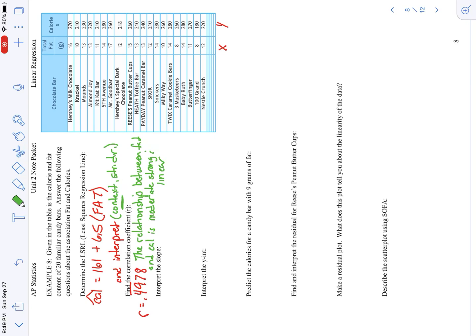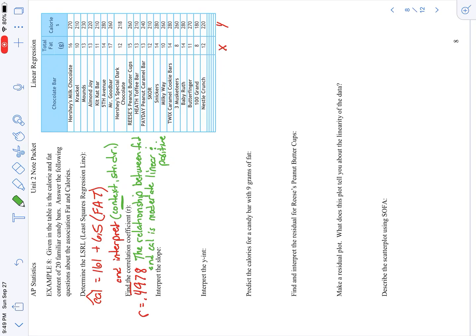And actually, I goofed that up. Moderately strong, moderately linear. Ah, man, I apologize. Let's try again. Moderately linear and positive. I need a direction there.